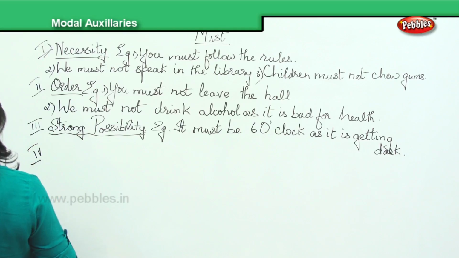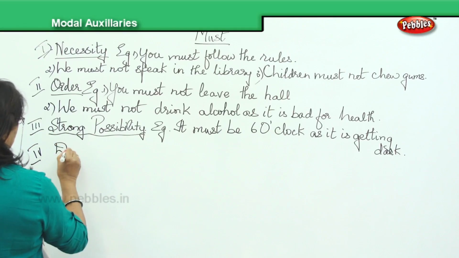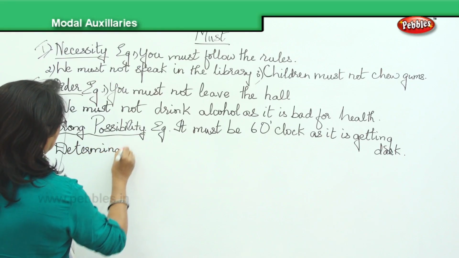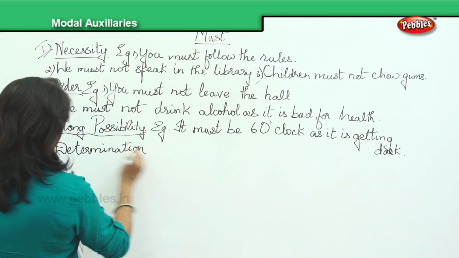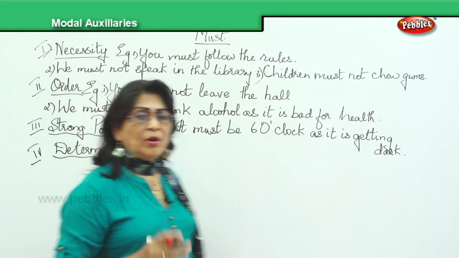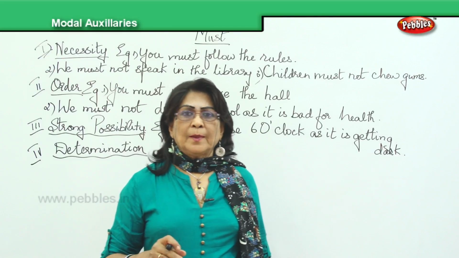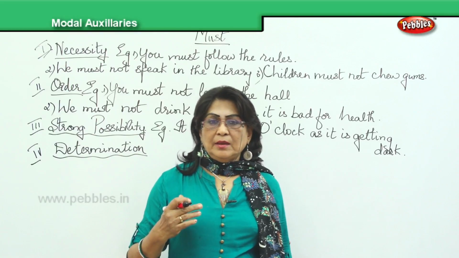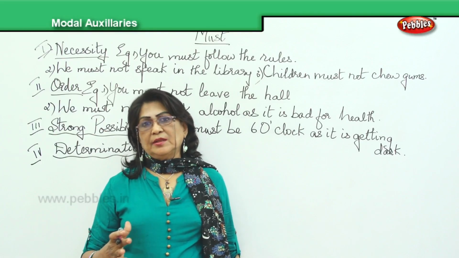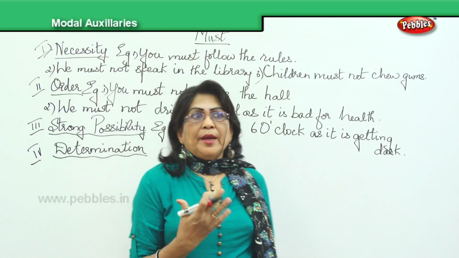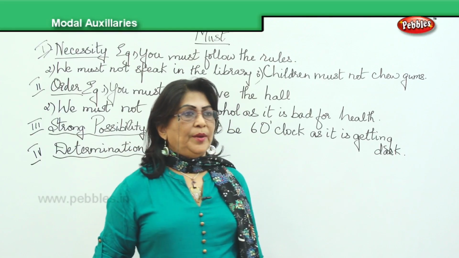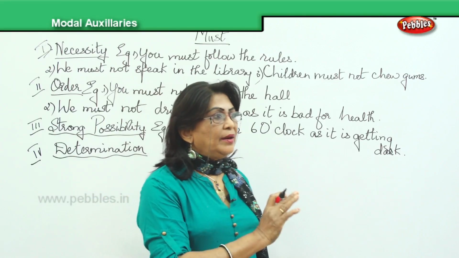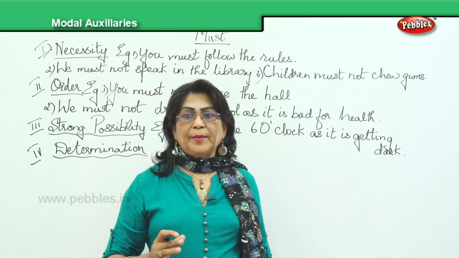Next rule is determination. Now what is determination? When you make up your mind to do something, it is determination. That is, you make up your mind, I must obey, I must clean my shoes, I must wear a pretty dress for the party.